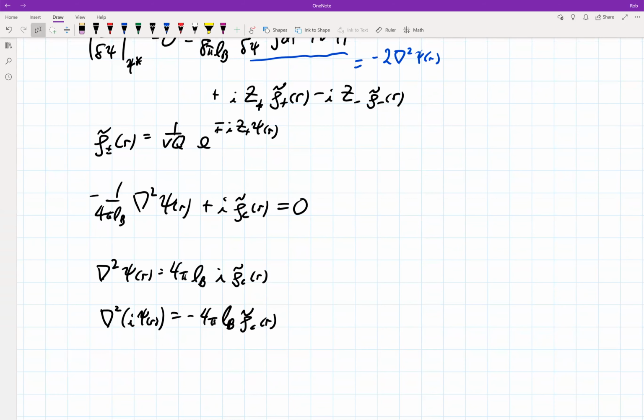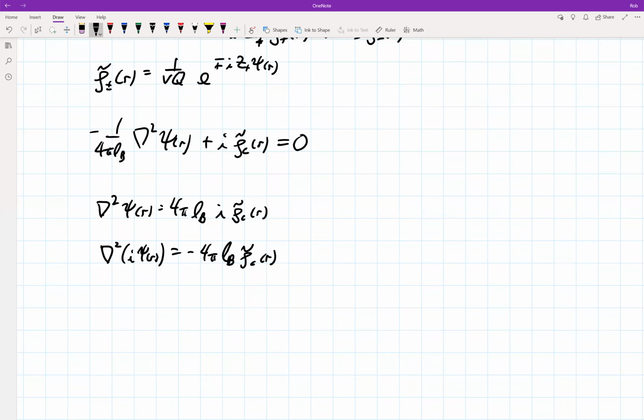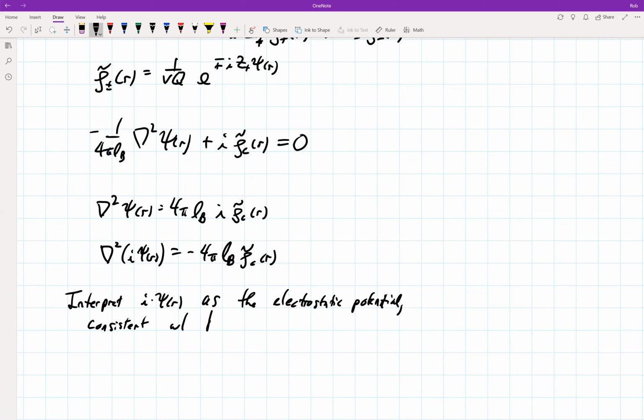All right, and if we simply interpret this thing i times psi of r as the electrostatic potential, then this is all entirely consistent with the Poisson-Boltzmann equation.